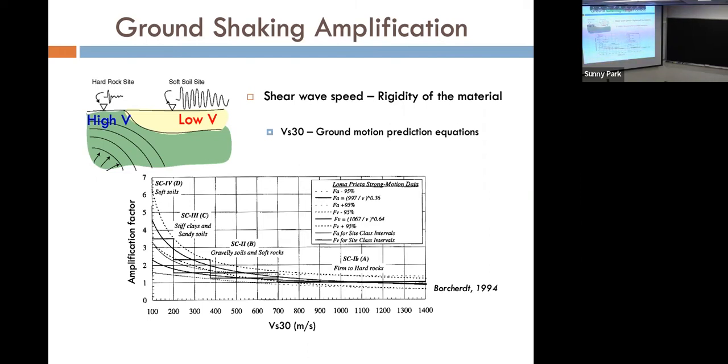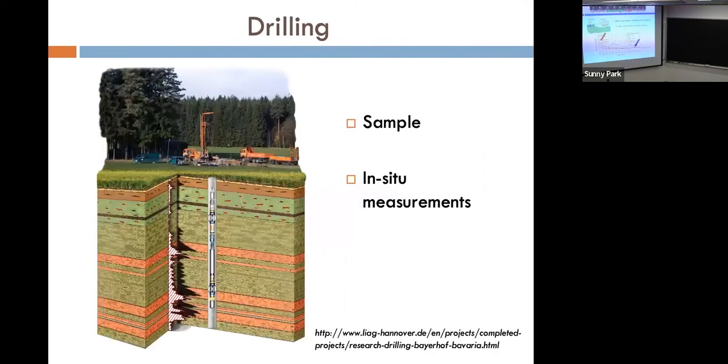If you compare the case where VS30 is about 1 kilometer per second, note that the unit is meters per second, to a case where it's 100 meters per second, then you see sometimes more than even 5 times amplification.